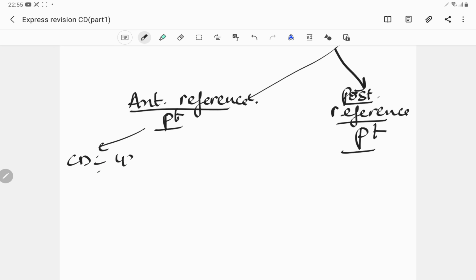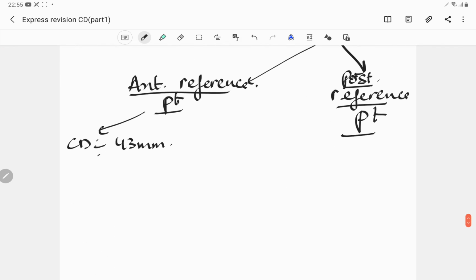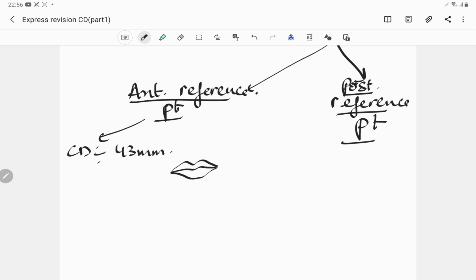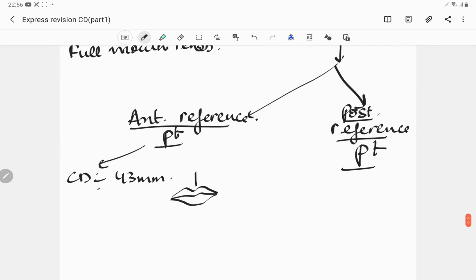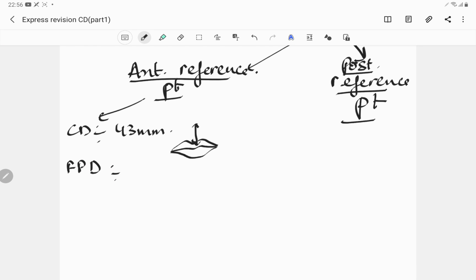The anterior reference point is 43 millimeters superior to the lower border of the upper lip. That means, if this is the upper lip, we are talking about the lower border of the upper lip, 43 millimeters. In case of FPD, we take 43 millimeters. These are the centrals, right?